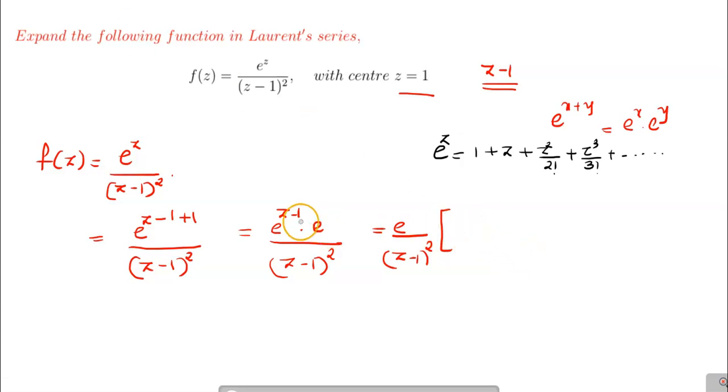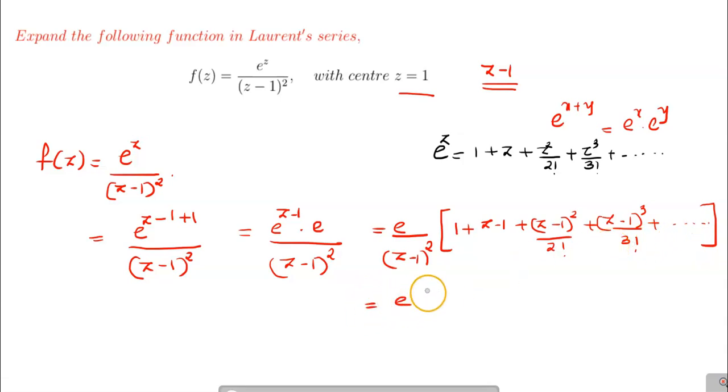So use this expansion for e raised to z minus 1, that is 1 plus (z minus 1) plus (z minus 1) all square by 2 factorial plus (z minus 1) all cube by 3 factorial plus etc. Now this is equal to e into 1 by (z minus 1) all square plus (z minus 1) by (z minus 1) all square.